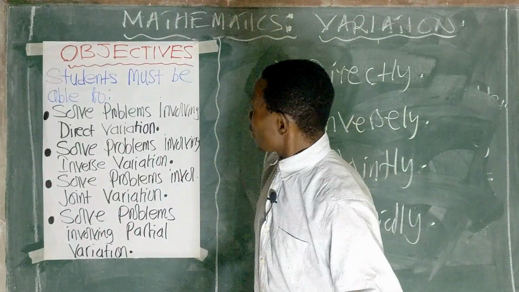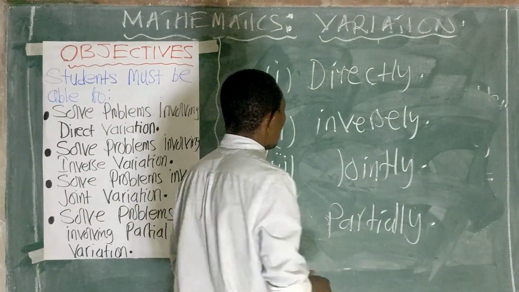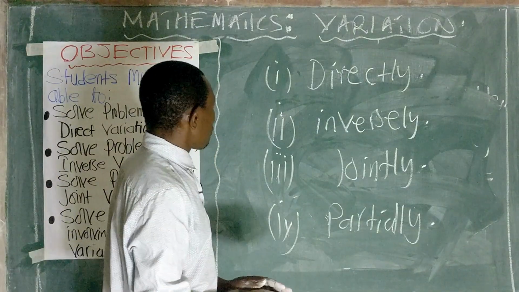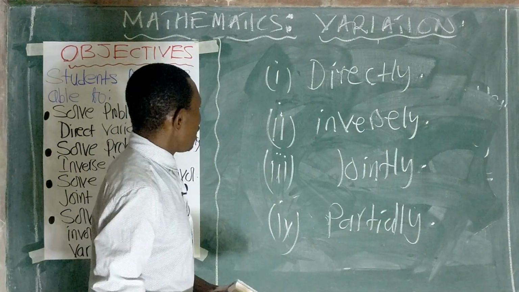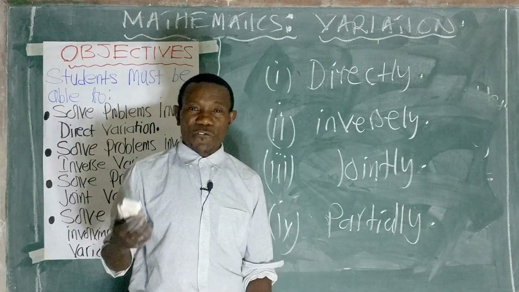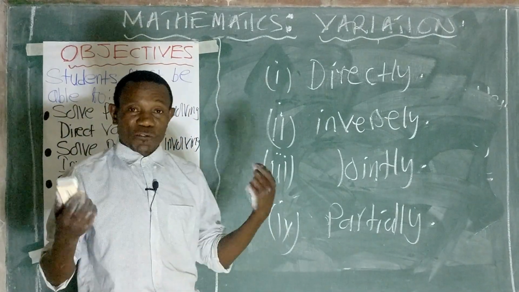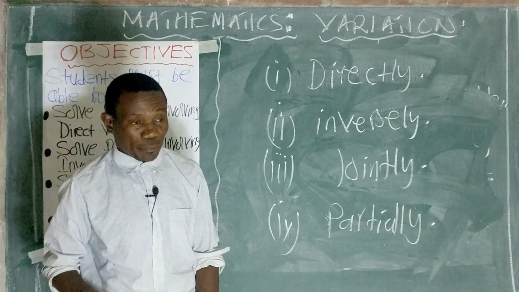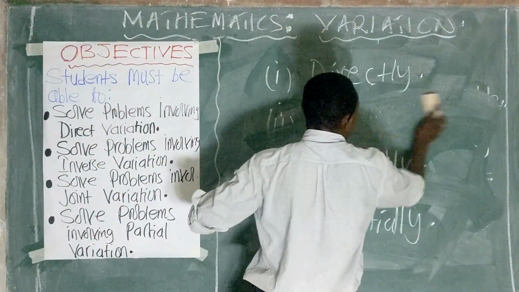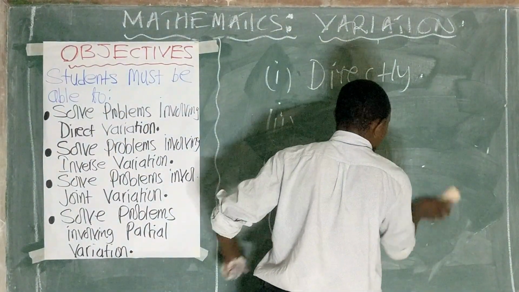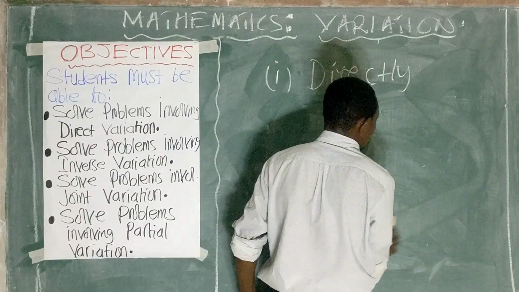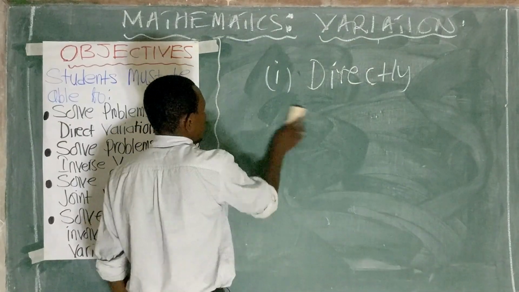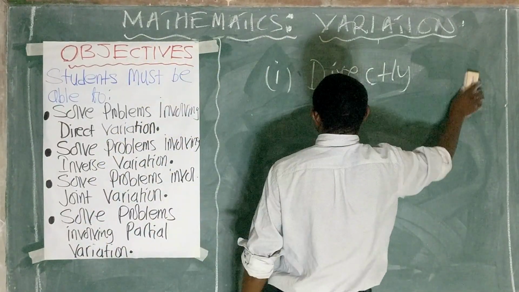So now, without wasting time, let us get into the first discussion about variation, and this is direct variation. Let's see how quantities, or variables, vary directly. Right, so for you to understand better, I'm going to give you a realistic example that involves a real life situation.